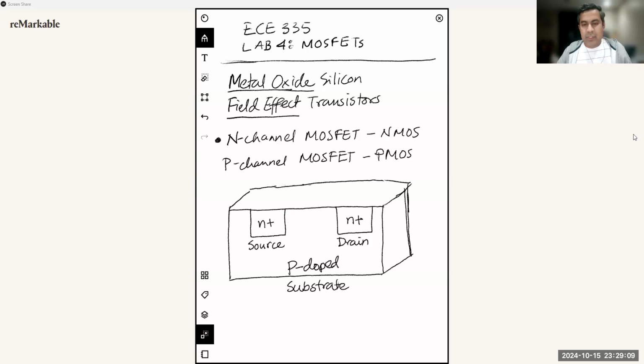But for our purposes and discussion, we will choose this as the source and this one as the drain. In between them, on top of the MOSFET, we have one layer of insulation, which is called gate oxide, or silicon dioxide, a thin layer of gate oxide above this device.